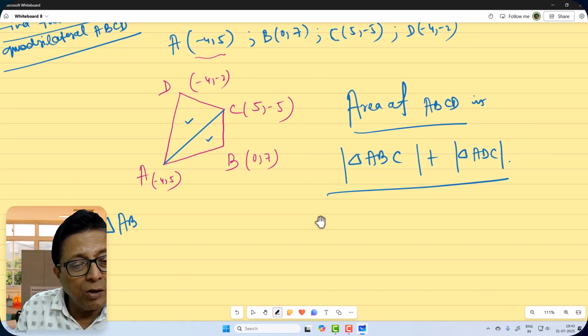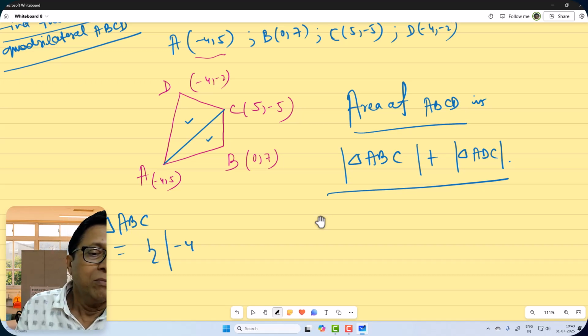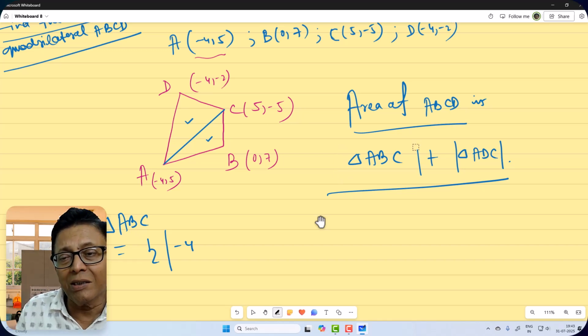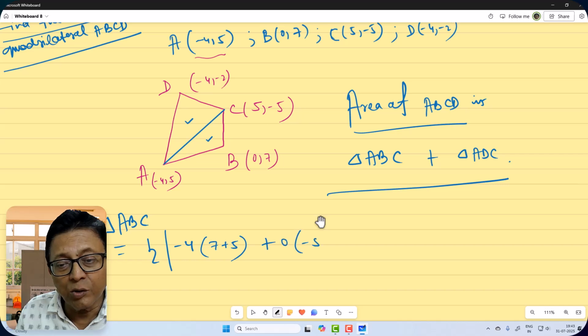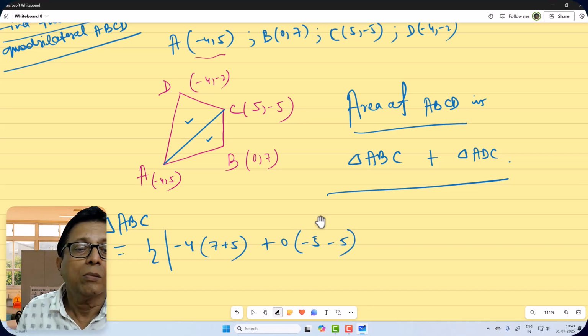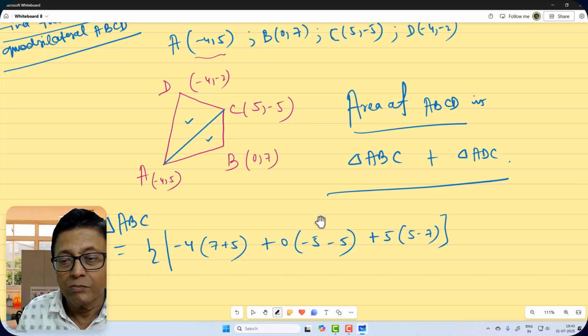Find area of ABC. Half mod of, you need not take mod over the area. If you find by using mod, then that is enough, isn't it? We make it mod in the formula part. So this will be minus 4, 7 plus 5, 0, 5 minus 7 mod.